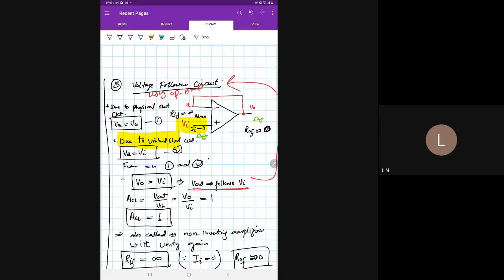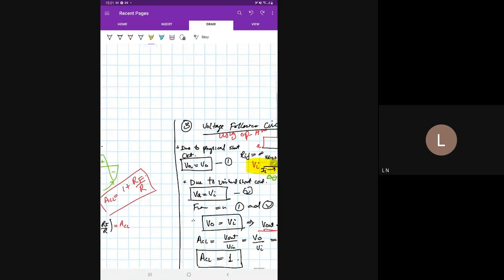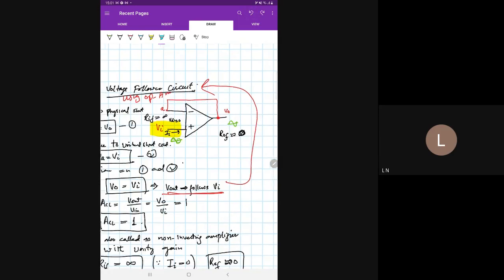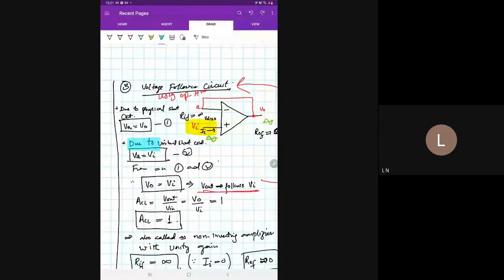Virtual short circuit means the inverting and non-inverting terminals are at the same potential. Physically, they do not have a short, but it is a virtual short.